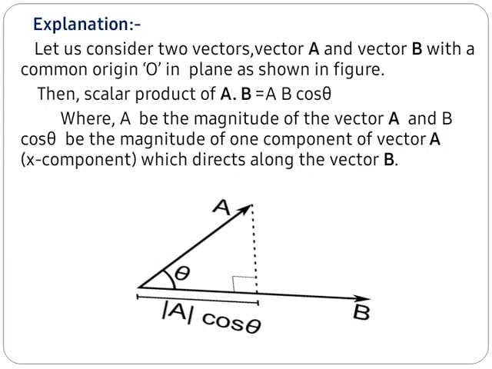Then the scalar product of vector A and vector B is obtained by projecting vector A on vector B. From this figure, we can write the scalar product of vector A and vector B as A dot B is equal to AB cos theta, where A is the magnitude of vector A and B cos theta is the magnitude of one component of vector A, which is the x component, always directed along the direction of vector B.